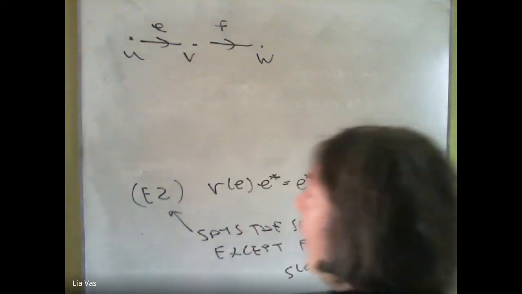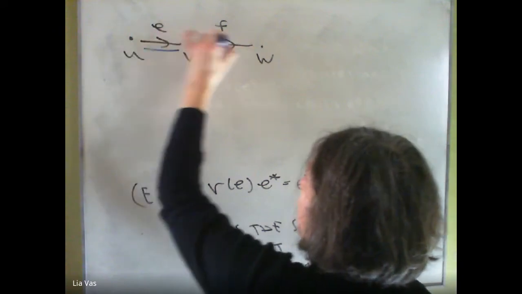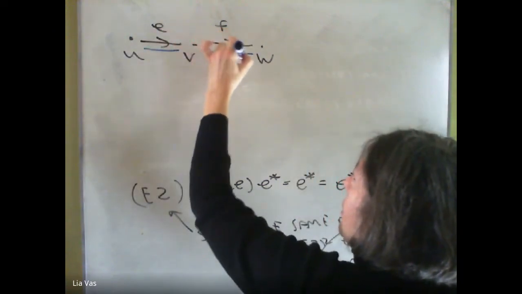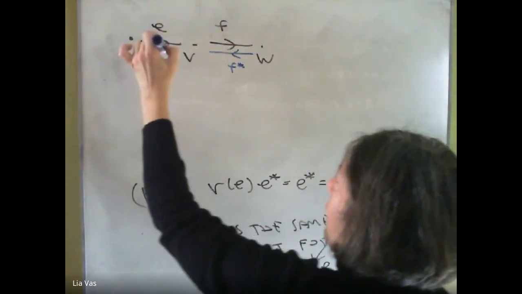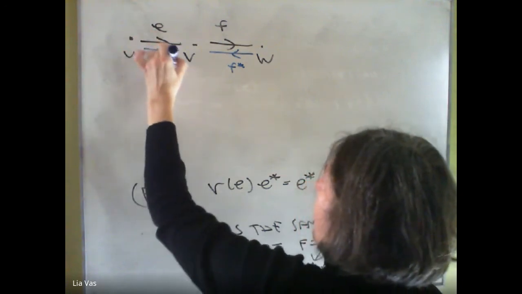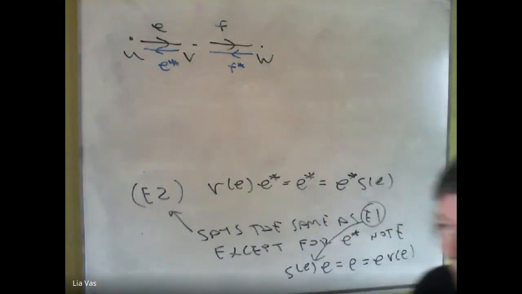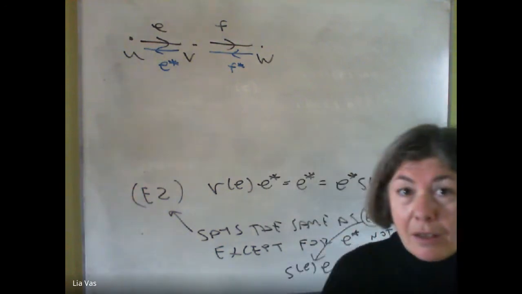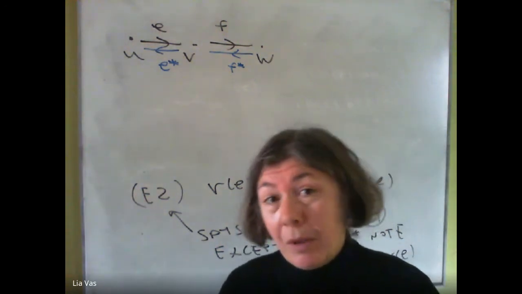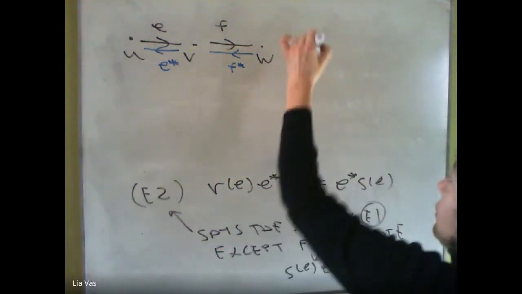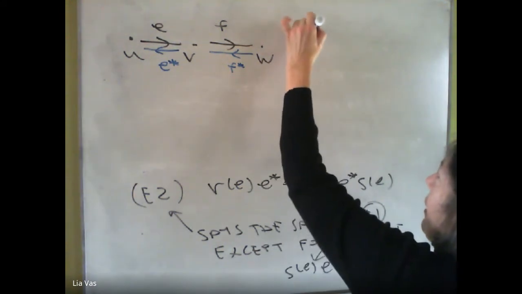Let me, for the time being, also write down these ghost edges. So F star would look like this, and E star would look like that. And these products that are easy to compute, let me call them obvious.